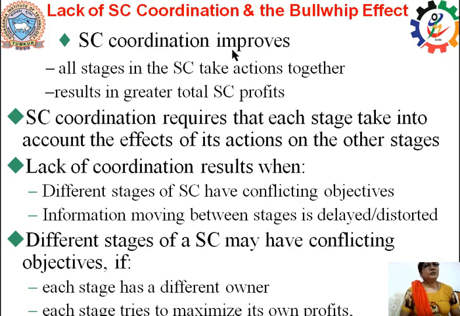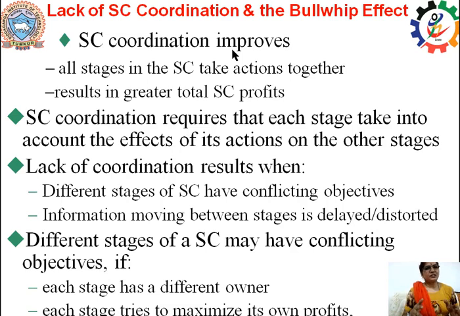As I already mentioned, supply chain consists of a number of stages directly or indirectly involved in fulfilling the customer request. So these stages are referred to as companies and owned by different owners. Coordination between these owners is very important for the successful running of the supply chain.